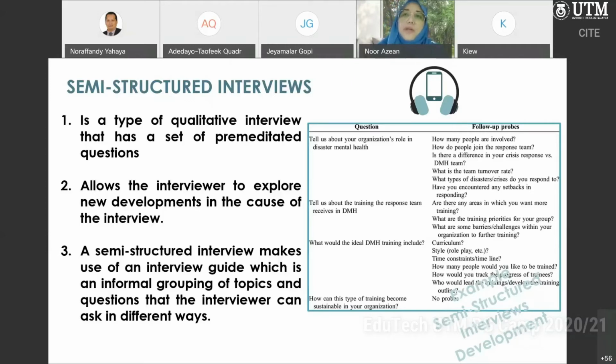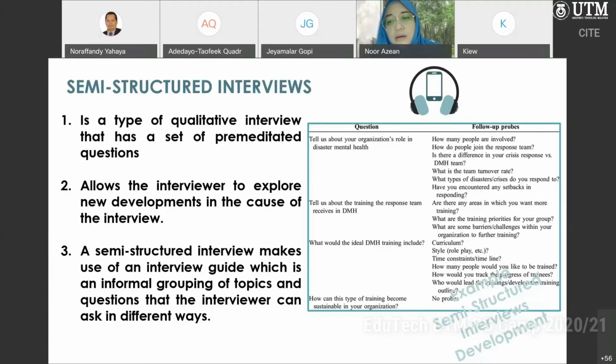In some ways, it represents the midpoint between structured and unstructured interviews, so the semi-structured is in the middle, right? In a semi-structured interview, the interviewer is at liberty to deviate from the set interview questions and sequence as long as he or she remains within the overall scope of the interview. In addition, a semi-structured interview makes use of an interview guide, which is an informal grouping of topics and questions that the interviewer can ask in different ways.